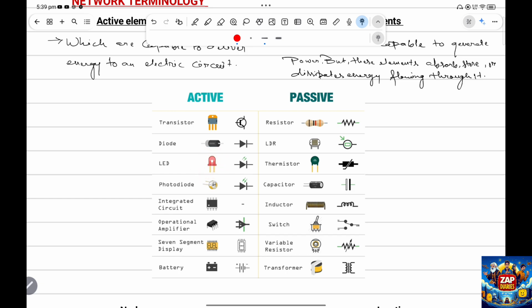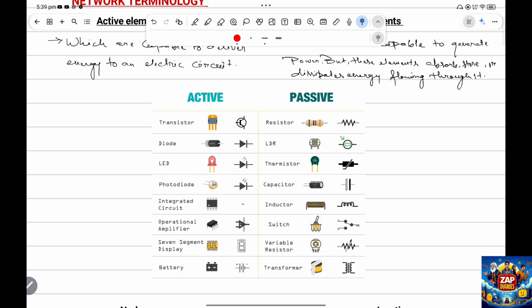LED transforms electrical energy into light energy, so it's a light emitting diode. Then we have a photodiode, which reacts to light. When light falls on this component, it gives an electrical signal. So this is an active component.